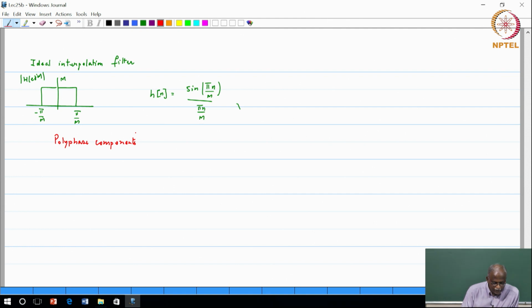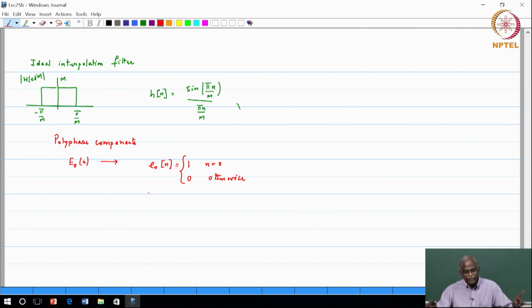If you look at this structure, what you will find is that there is a polyphase component E naught of z such that E naught of n is equal to 1 for n equal to 0, otherwise 0. That is the central point of the impulse response.